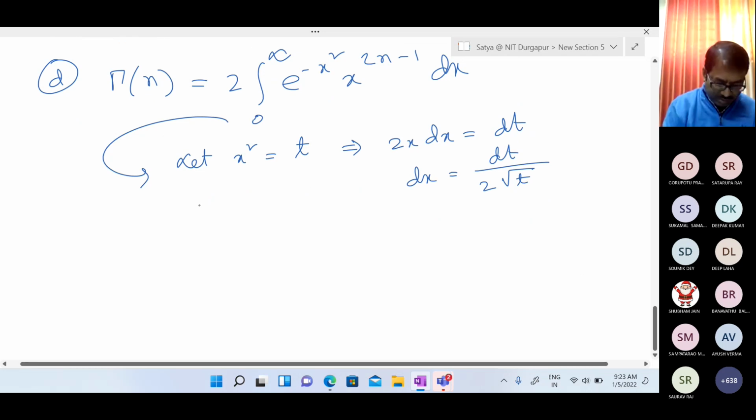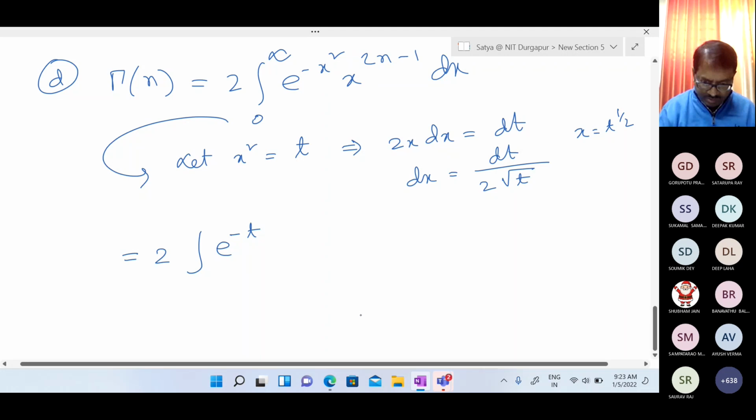So the right side is 2 times the integration of e to the power minus t, and x equals t to the power half.